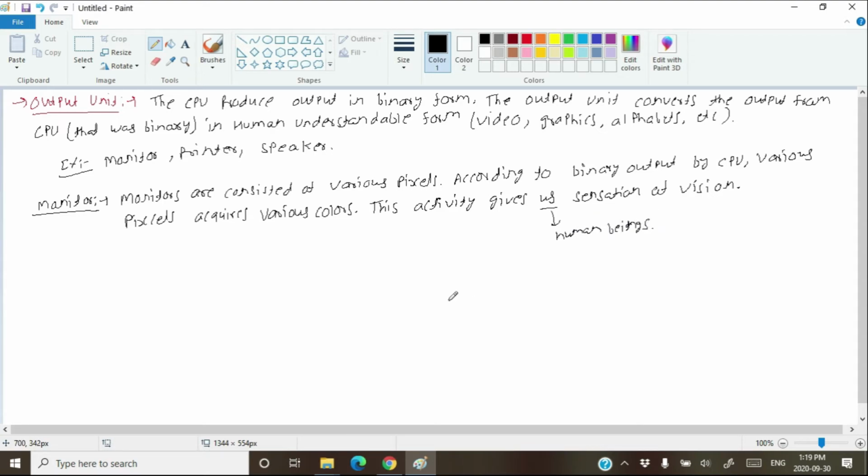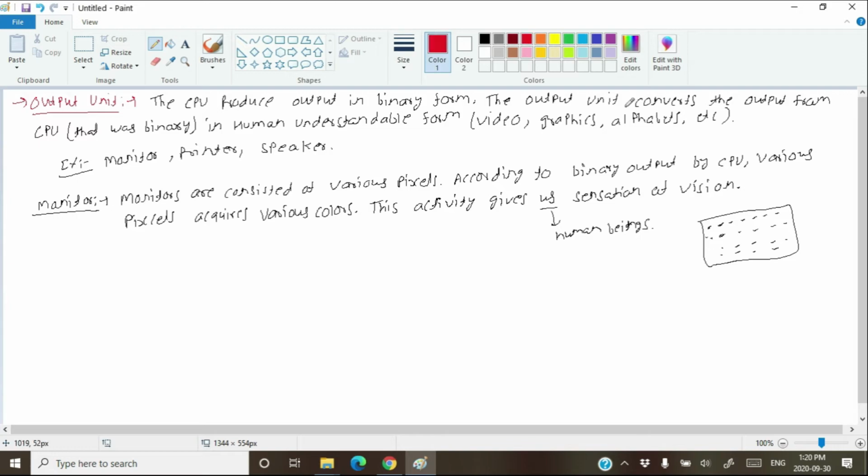So there are various pixels. If you have a monitor, the monitor has various pixels, and all the pixels can acquire various colors. So whatever picture you need to represent on the monitor, you color up the corresponding pixels.